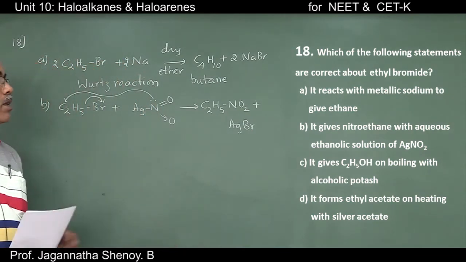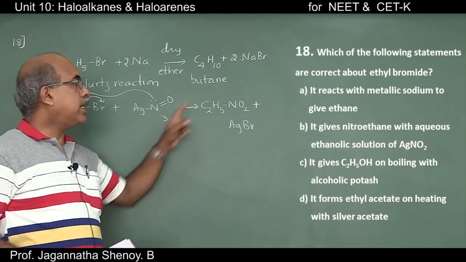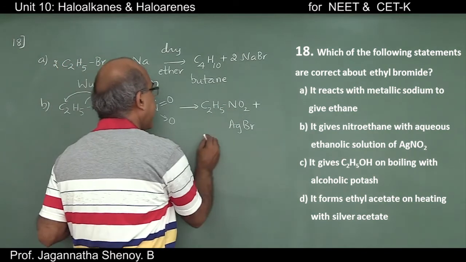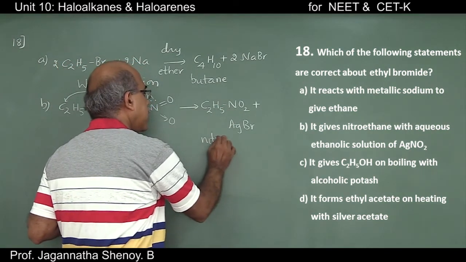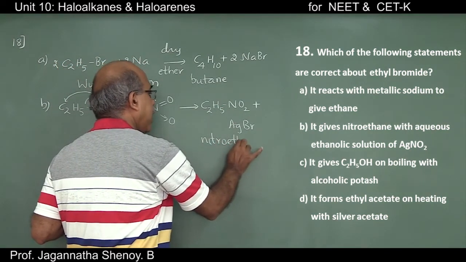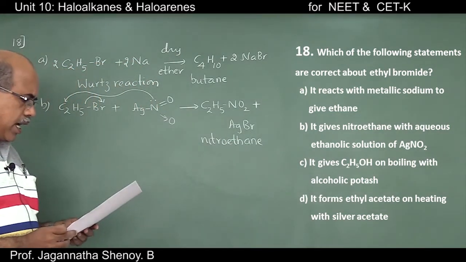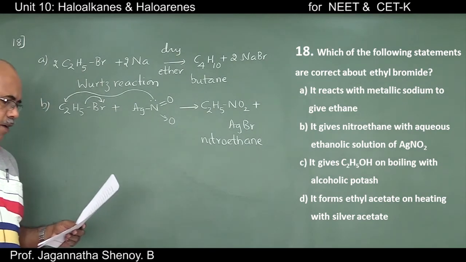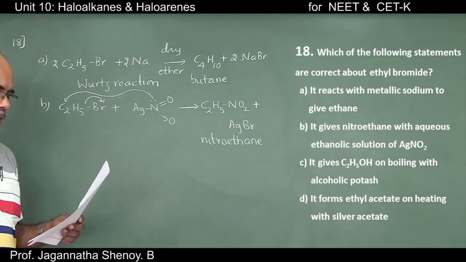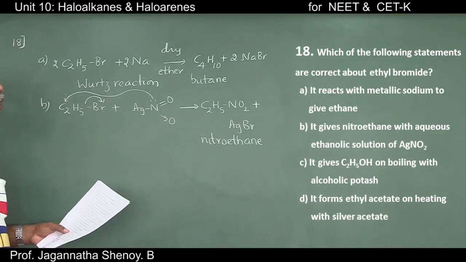So what is the product that is formed? It is nitroethane. Product formed is nitroethane, and just check the statement. It gives nitroethane with aqueous ethanolic solution of AgNO2.